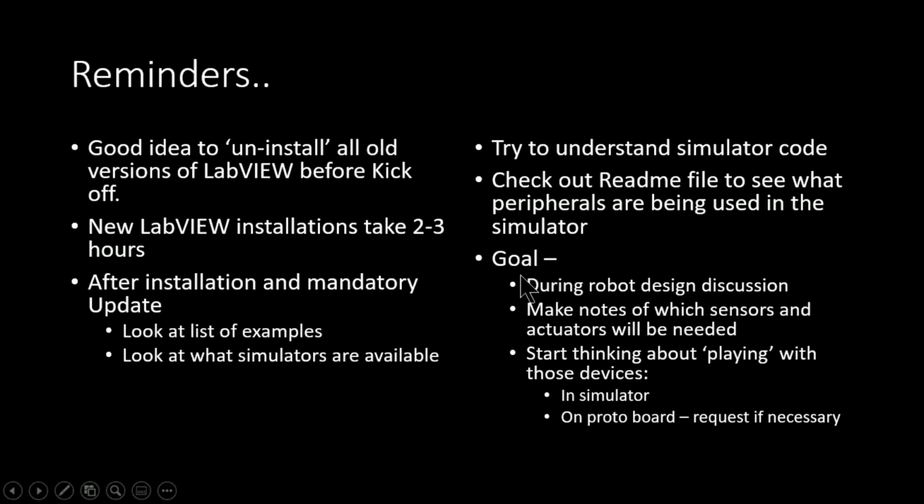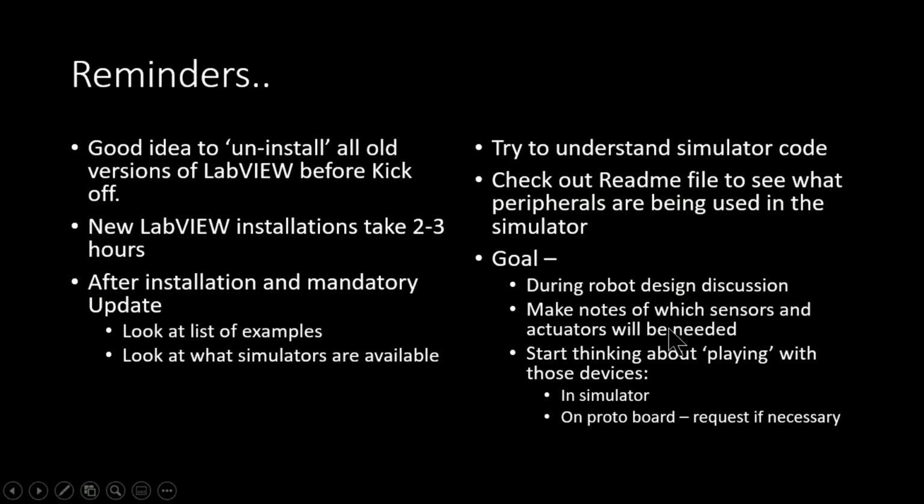The goal is really to have this information as you're working with the team to determine what the new design for the new game is going to be. And as everyone else is looking at mechanical operations and mechanical motions, what you need to be thinking about as a programmer is what sensors and what actuators would be needed to support that element of the design.